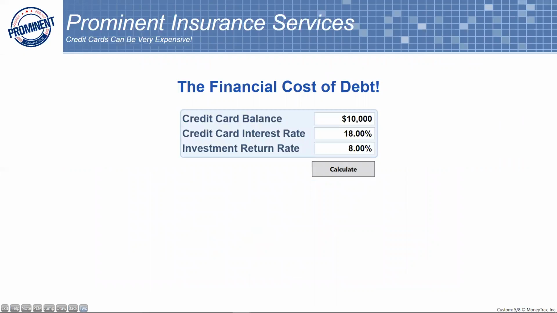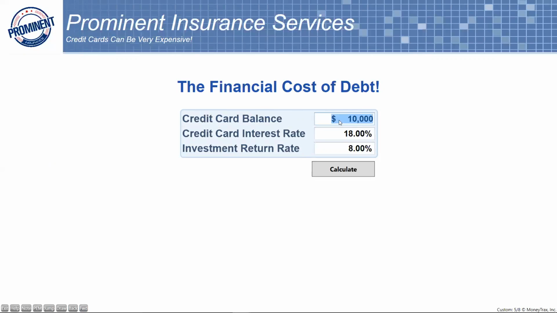Okay. And we're just gonna go through another tool to show you that debt, proper debt used improperly, is slavery: installment buying. Let's give you an example. For this example, we're going to use a credit card balance.